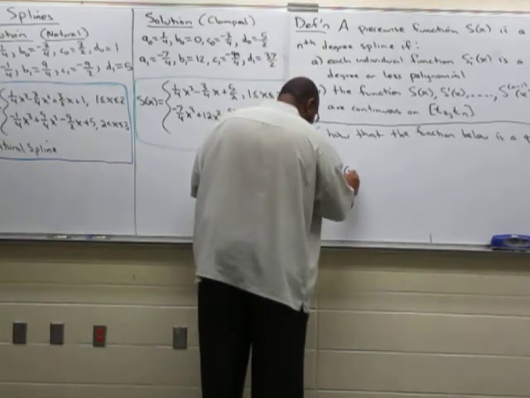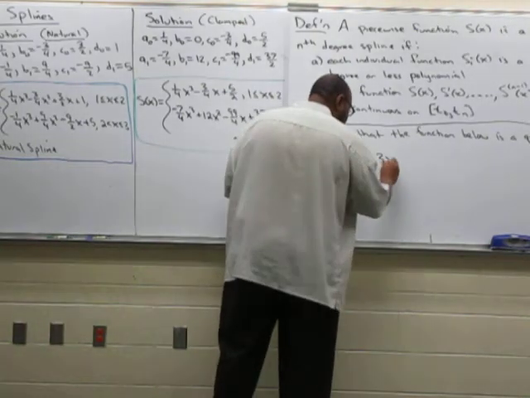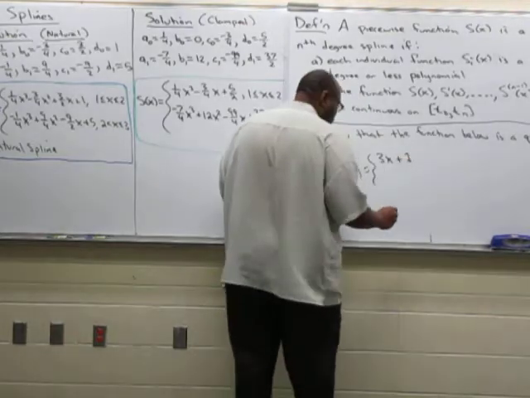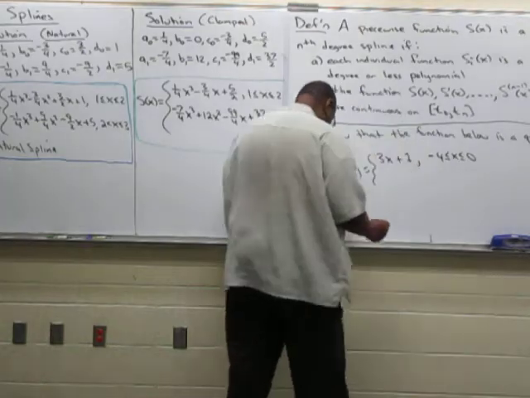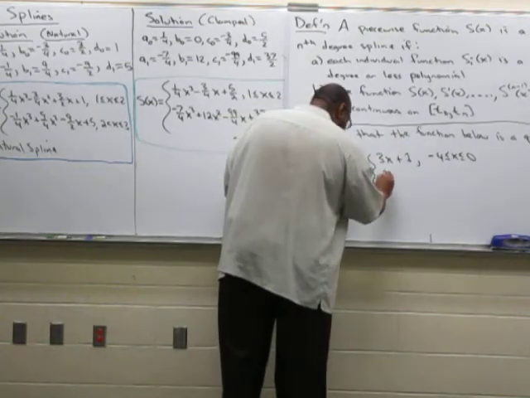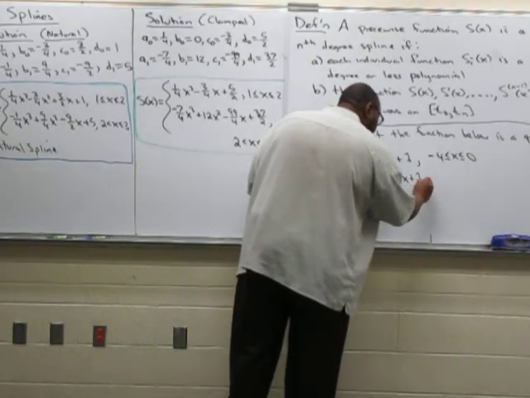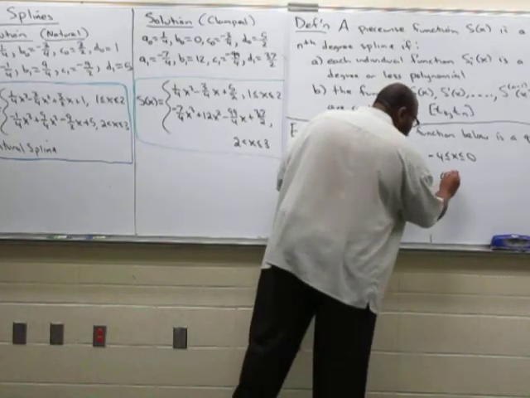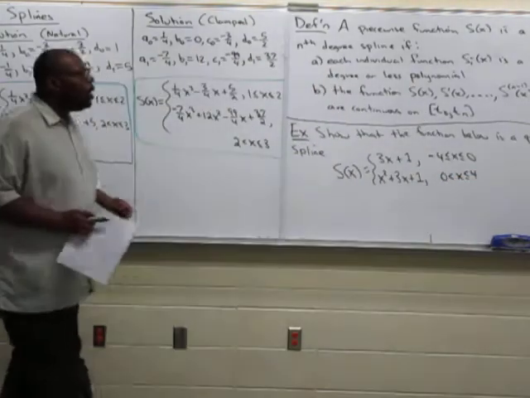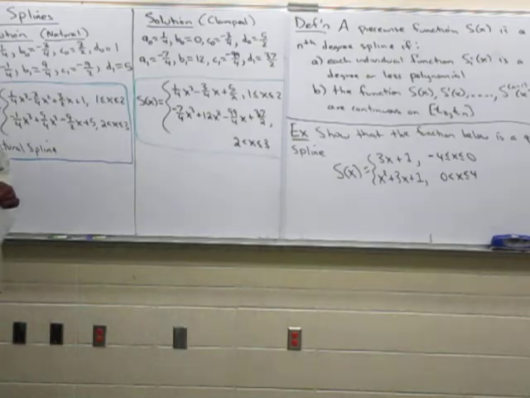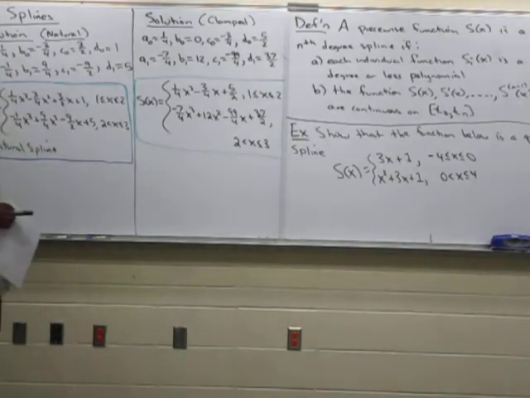I have S of x is equal to 3x plus 1, where x goes from -4 to 0, and x squared plus 3x plus 1, where x goes from 0 to 4. I want to show that the function below is a quadratic spline. This is my goal. This is what I want to do.